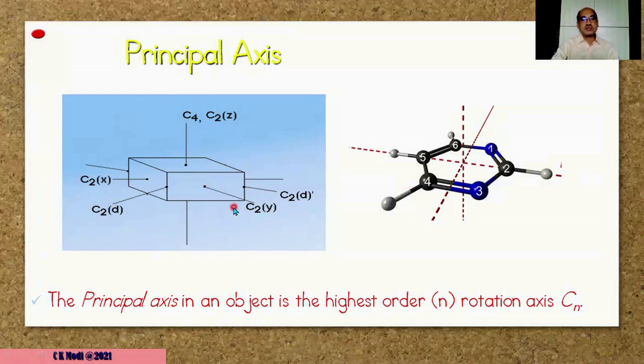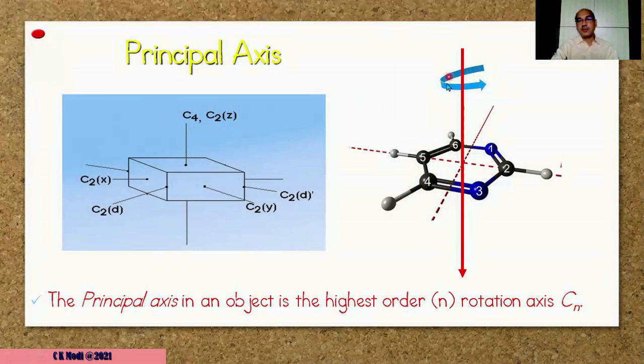Among these 5 rotation axes, which one is considered to be the principal axis? Those which have the highest order. Among these 5 rotation axes, this is C2, this is C2, this is C2. Now, this is C4, so the n value is higher. Therefore, it is considered to be the principal axis.